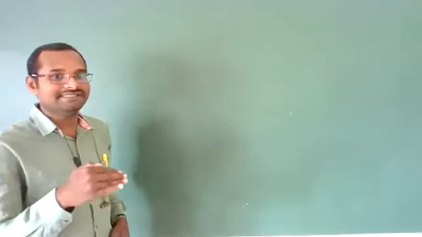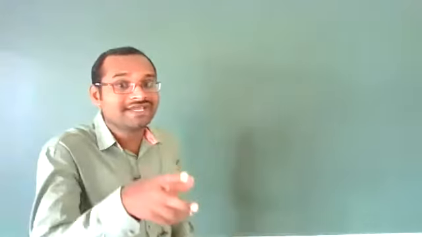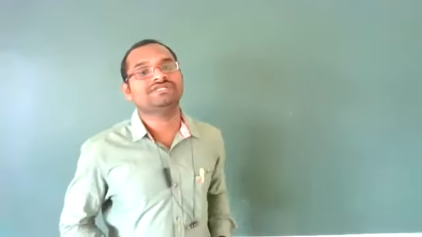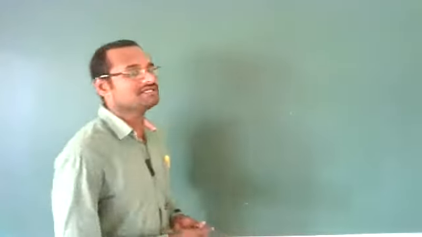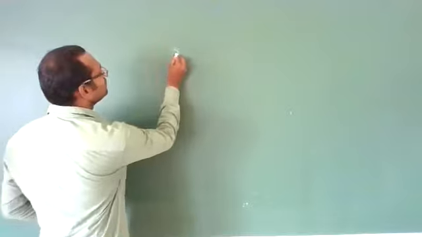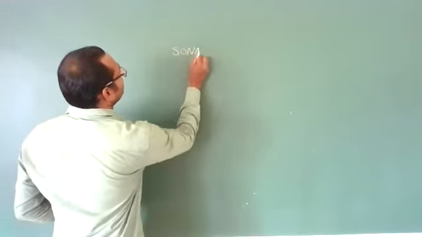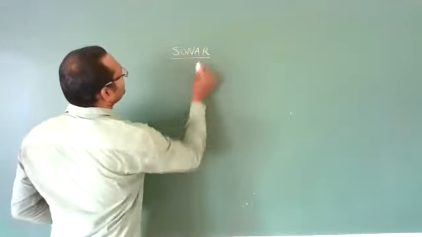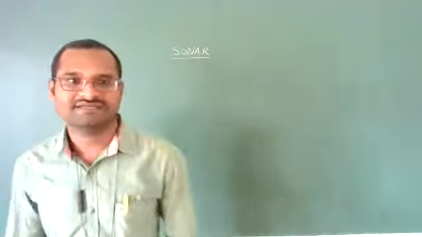See, submarines will be there under the sea, underwater. That submarine's location and speed we can find by using sonar. Sonar means sound navigation and ranging. You might have studied this in your previous classes in general science.